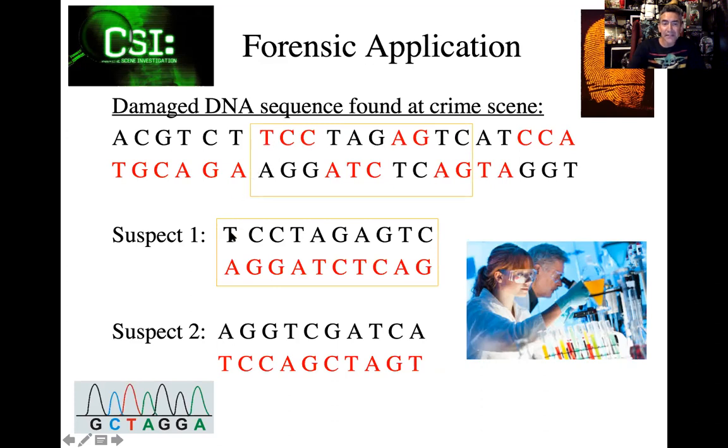So we have T, C, C, T, A, G, A, G, T, C. We would have the exact sequence match here, right? I'm not covering every single little step in the process, but I'm giving you enough information to hopefully visualize how a little sequence of DNA can be used in this sort of forensic science application.